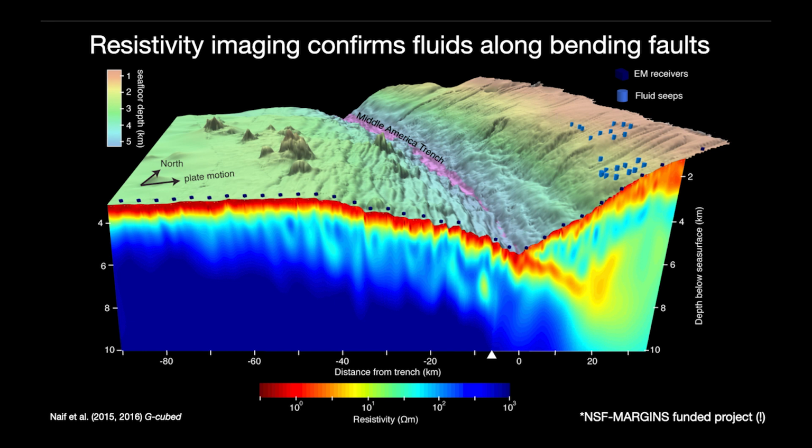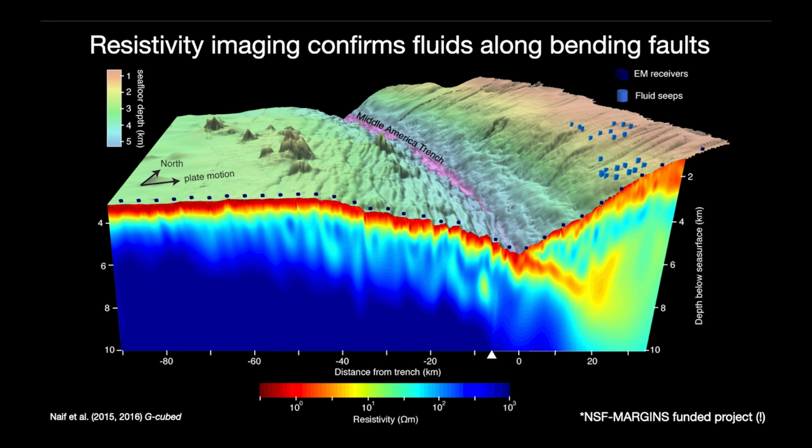So you're seeing 400 meters of sediments in the red, extrusive oceanic crust. Then very quickly, you're getting super resistive once you're into the intrusive crust and the mantle. But then once these bending faults form, we are seeing those fluids penetrate into the crust.